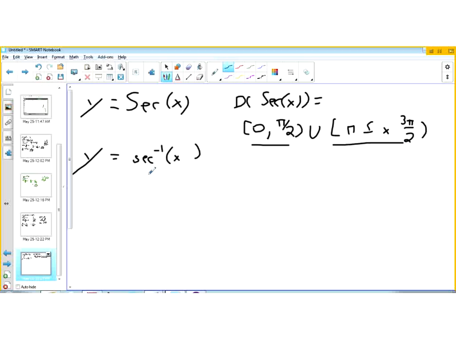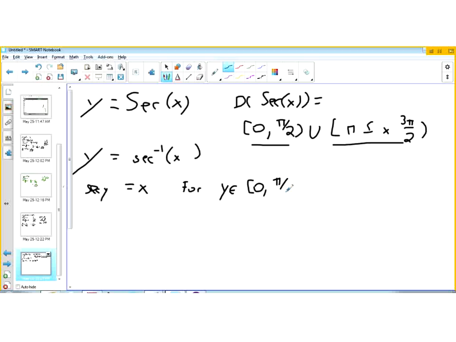So now we have to calculate the first part of the derivative for y. Before we calculate the derivative, we know now that if we were to take the secant of both sides, we have the secant of y is equal to x. And so in calculating this derivative, the first thing we'll do is calculate the derivative for y contained in the set 0 to pi halves.